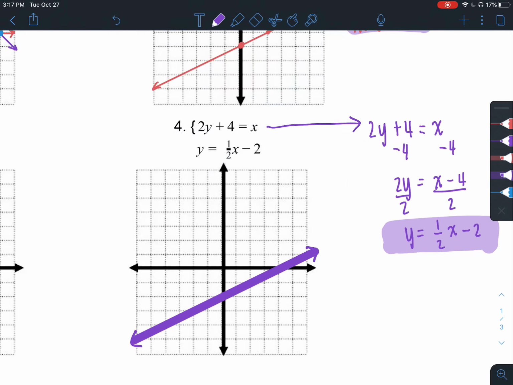Okay, and then let's go ahead and graph the pink line. So I have 1/2 x minus 2, so I have -2, up 1 over 1. So as you can see, this is actually the exact same line. Now, you could have looked at this equation and this equation and noticed right away they're the exact same thing. Okay, so because of that, the answer is infinitely many solutions.